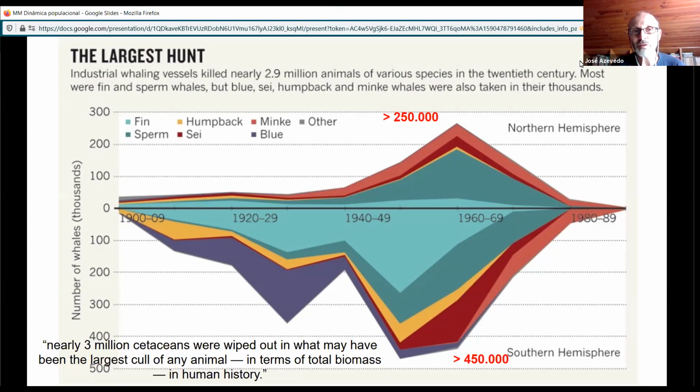This is a graph. You can see the references in the presentation that shows an estimate of the number of whales killed by industrial whaling during the last century. Okay, and you can see that in the peak of the whaling, after 1920, there were huge numbers of whales that were killed by the industrial whaling.